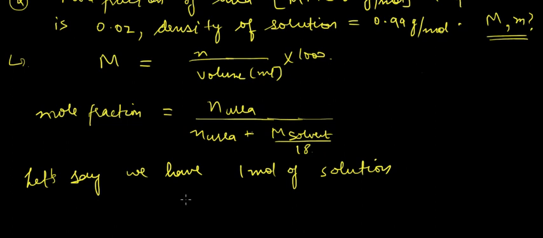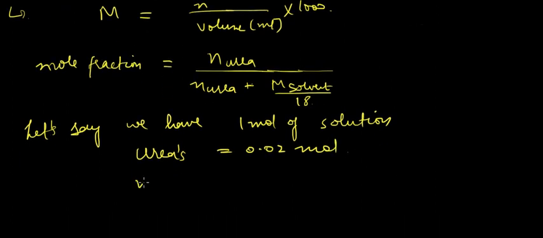So if you have 1 mole of solution, then urea will have 0.02 mole, and moles of solvent would be 0.98.